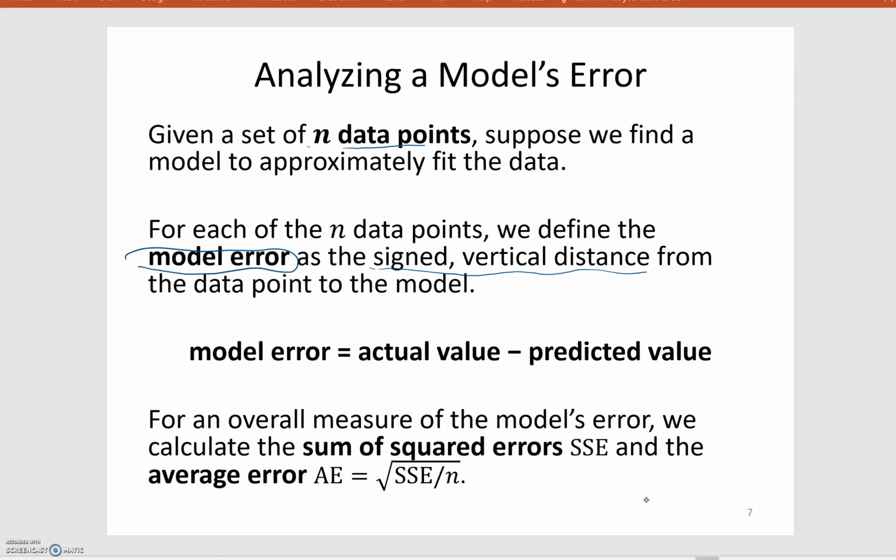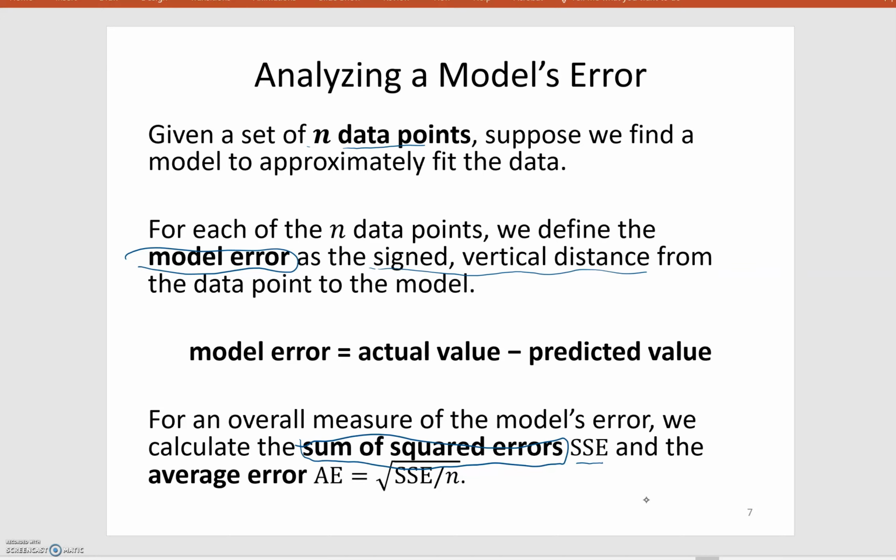And then to handle all of those errors in one computation, we have this thing called the sum of squared errors. It's an overall measure of the model's error. We're going to talk about the formula for the SSE in a moment.